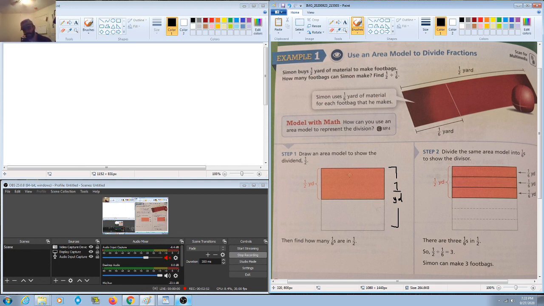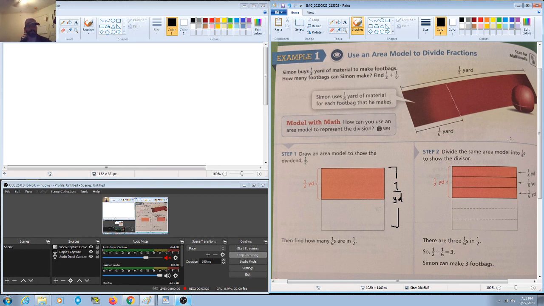Before we jump into the next step, if my question is how many 1/6 are in 1/2, it doesn't do me much good to just have 1 yard. I want to represent it in a way that I can use as a visual of how many sixths are in 1 yard. Well, if I divide it into 1/6 yards, that's going to give me 6 equal pieces.